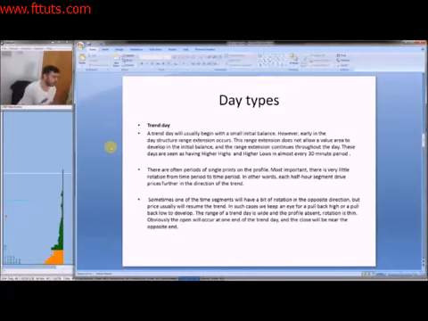There's no bell curve. Why is there no bell curve? Because there's no value. We are shifting value. Rotations are thin. The open will occur at one end of the trend day and the close will be at the opposite. We will open on our lows and close on our highs, or vice versa.